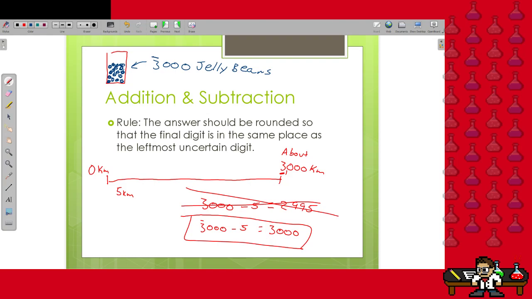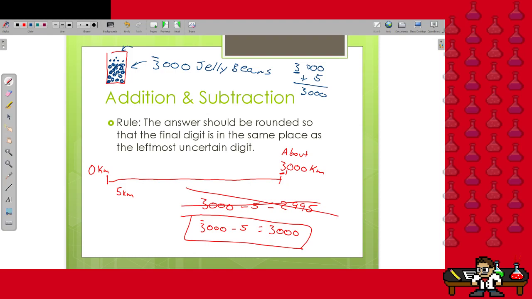If the librarian comes over and adds 5 more jelly beans into this jar, does that really change the fact that I thought there was about 3,000, rounded to the nearest 1,000? Would about 3,000 plus 5 make any change in the fact that I rounded to this thousands place initially? Probably not. So about 3,000 plus 5 is still going to be about 3,000.